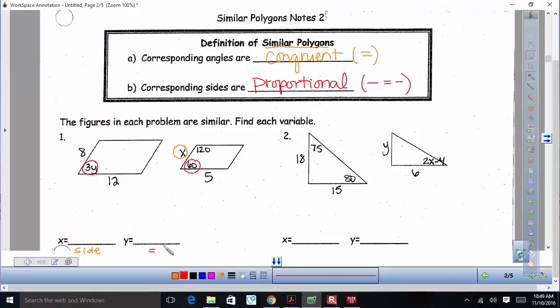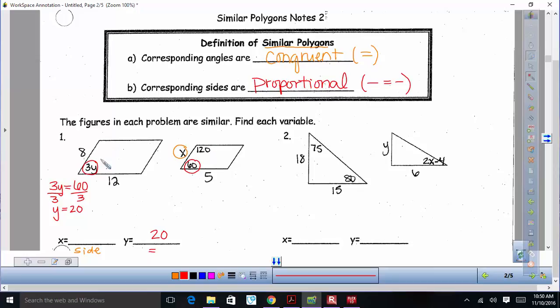So let's go ahead and do the angle because that's quicker. So we're going to do 3y equals 60 because those are my corresponding angles. I'm going to divide both sides by 3 and y equals 20. Okay, can somebody tell me why I didn't use angle 120?